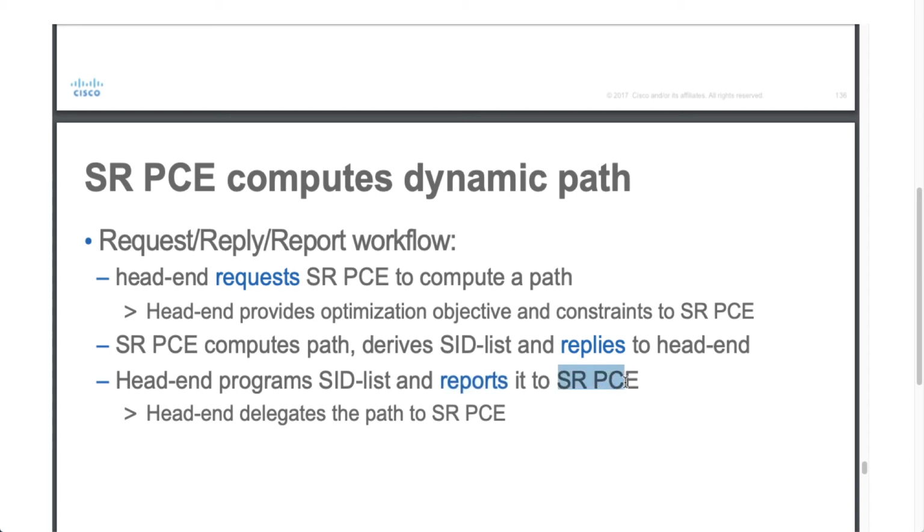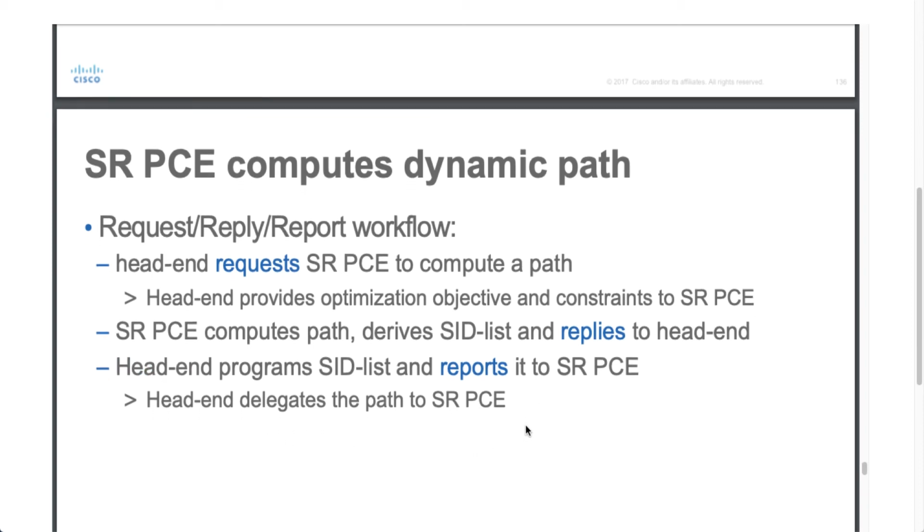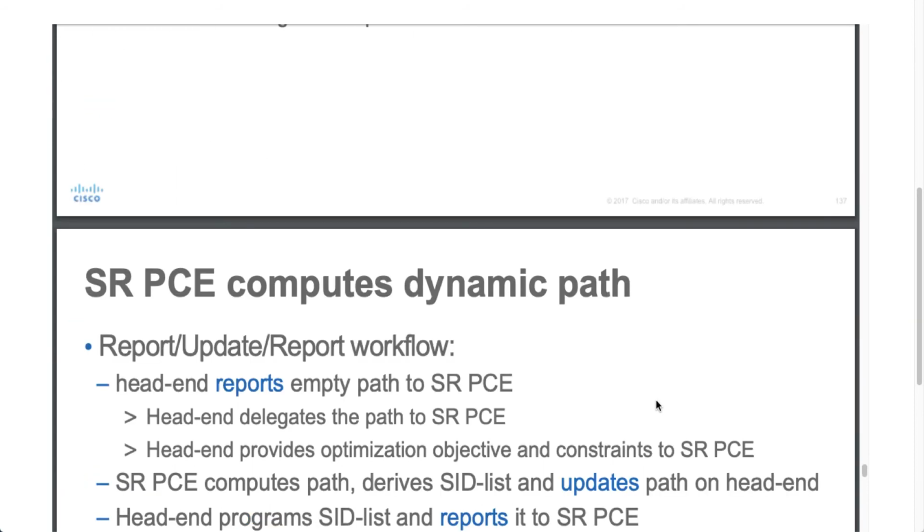SR-PCE will update its SRTE database. Now it knows there is an active policy from this head end to a given endpoint. If any change happens, SR-PCE will update its database accordingly. Now the head end delegates the path to SR-PCE. That's what is happening in this case, the path delegation is being given to SR-PCE.